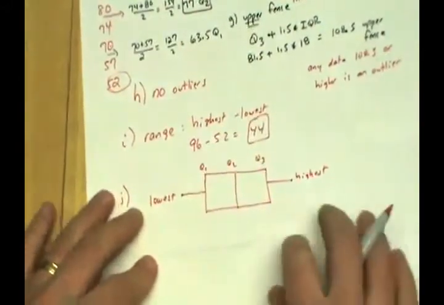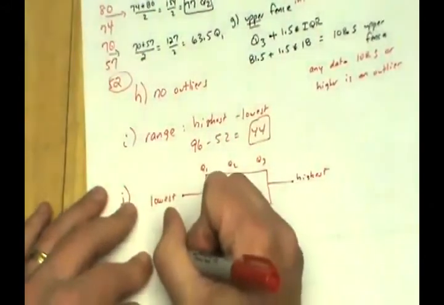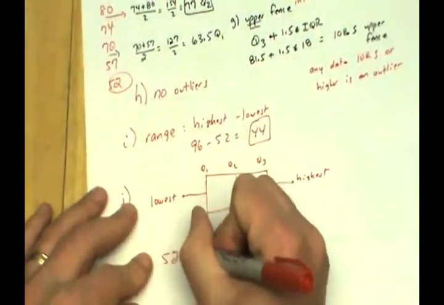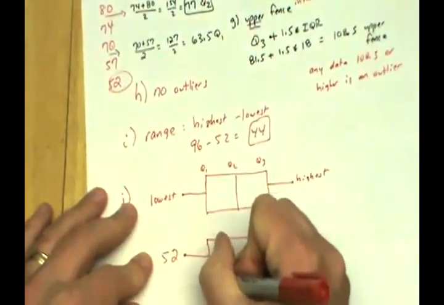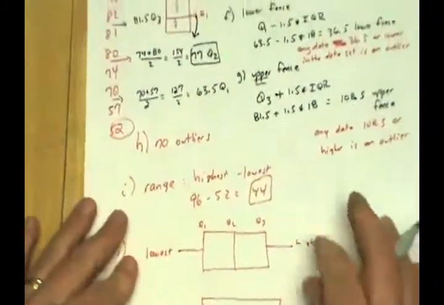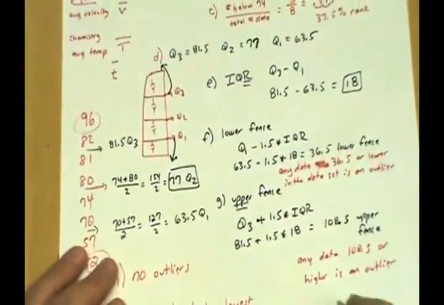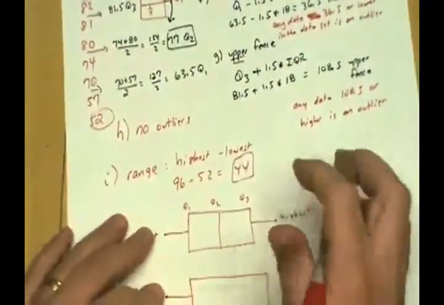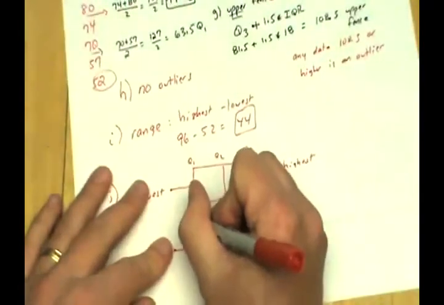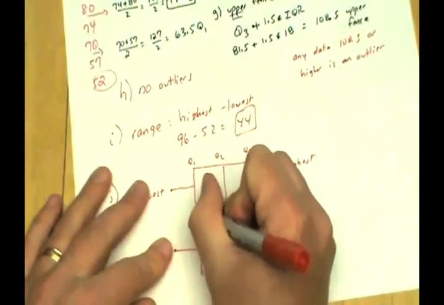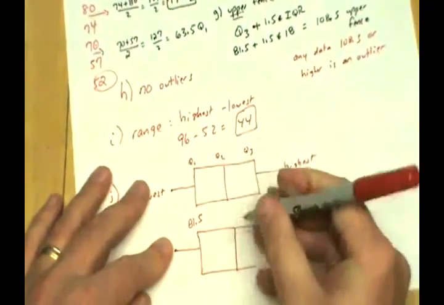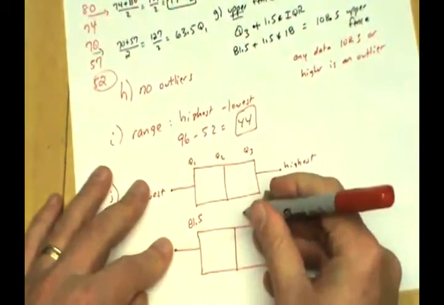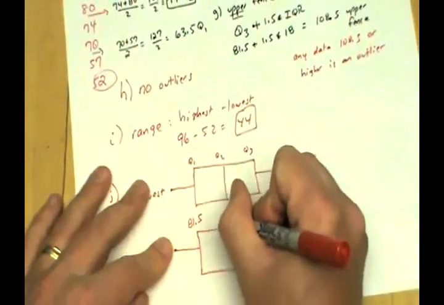So for this particular example, the lowest piece of data is 52. You put a dot, you make a box, and then you put in your quartiles. Quartile 1 was 81.5, so I'm going to go over here. And it usually goes on top here. So this first line, you make it Q1, and then you draw a line in the middle. You make this Q2. The value we found earlier for Q2 was 77, so you put that on the top.